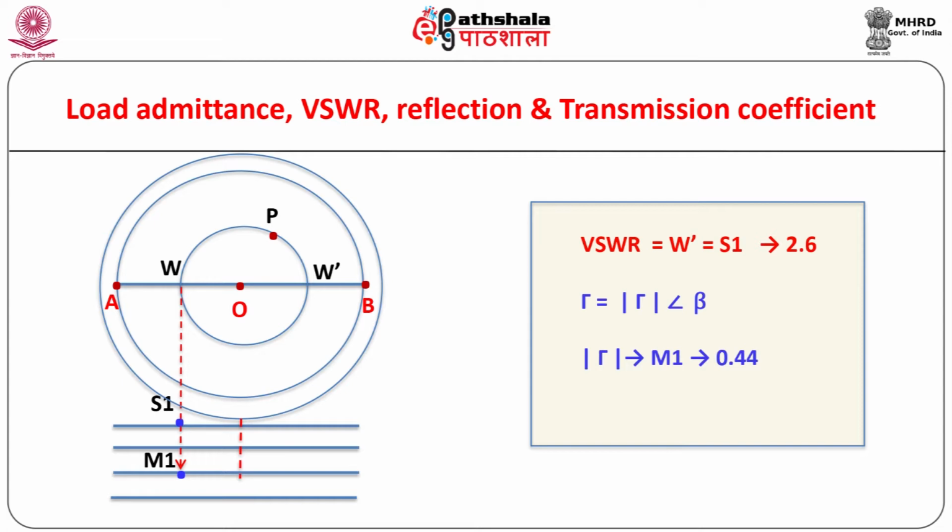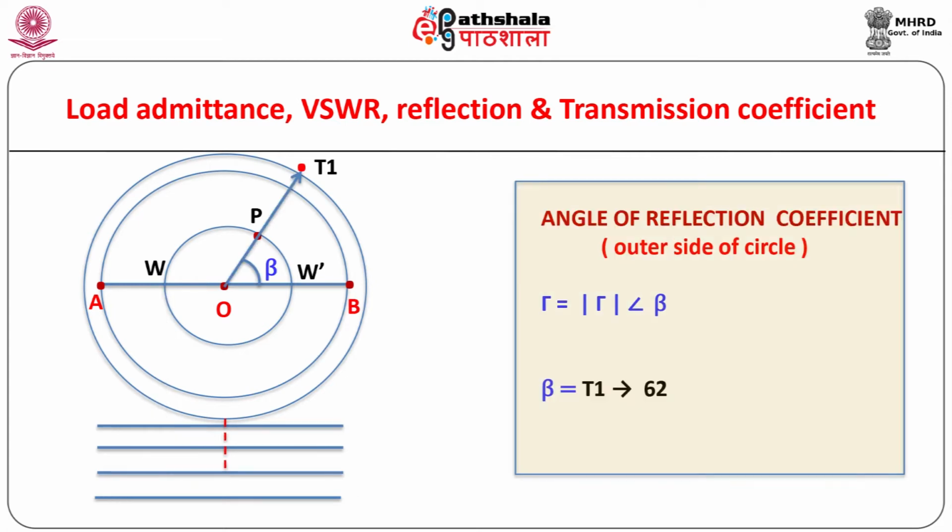The number at W dash also gives the value of VSWR. Step number 5. The number at M1 represents the magnitude of reflection coefficient. Step number 6. Extend the line OP to meet the circular scale marked in degrees to measure the angle of reflection coefficient at point T1. The reading at point T1 represents the angle of reflection.